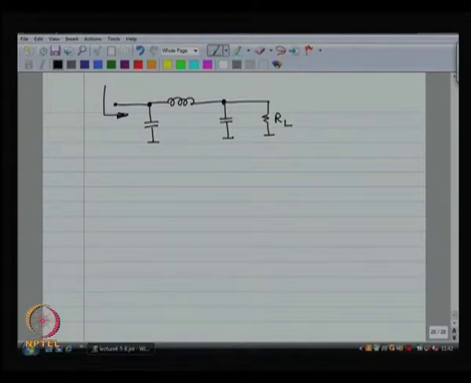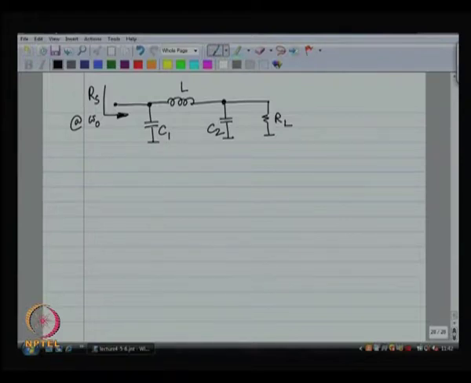So, this is my plan: I have got one inductor and 2 capacitors, and I want the total input impedance looking in from the other end to be equal to R s at omega naught for maximum power transfer.